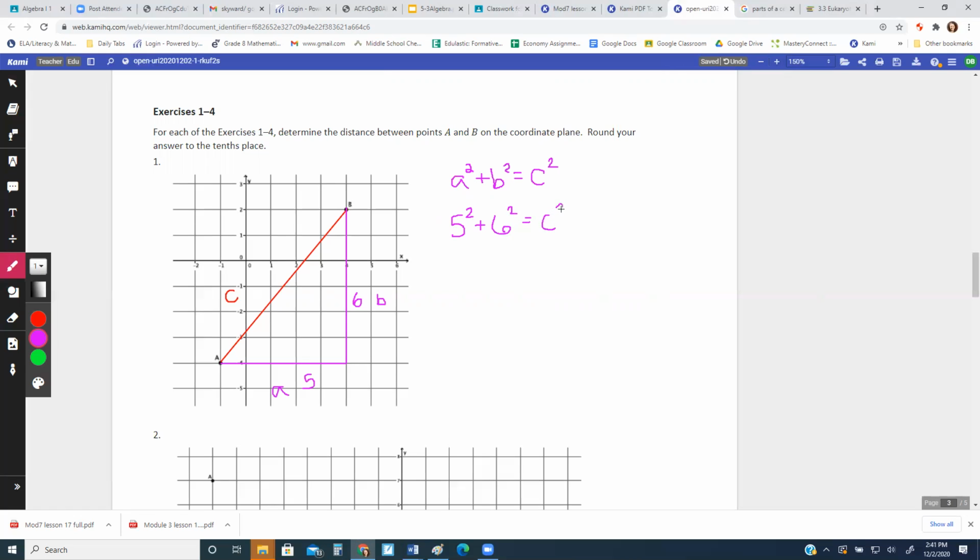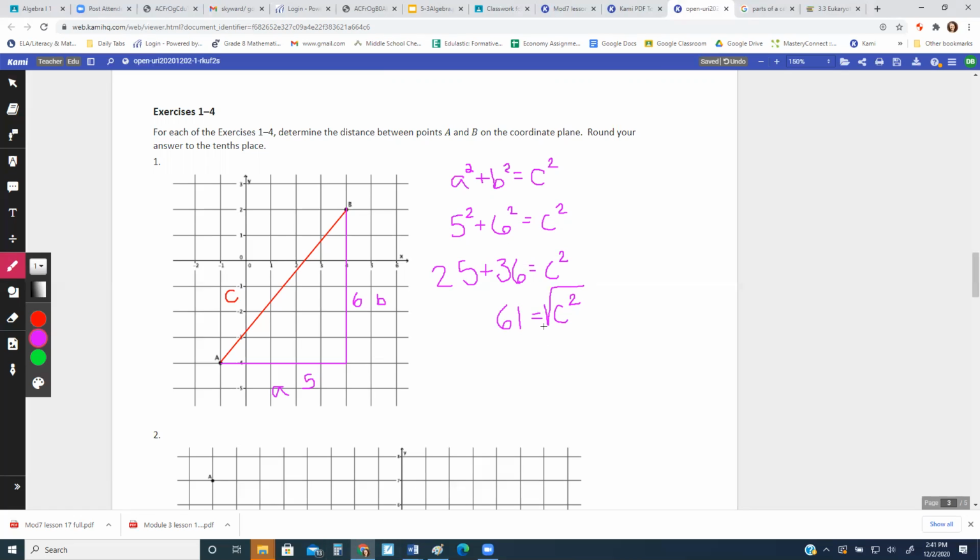I already told you what 5 squared equals. If you're paying attention, 5 squared is 25. 6 squared is 36. Equals C squared. 25 plus 36 is 61. 61 equals C squared. What does C equal?